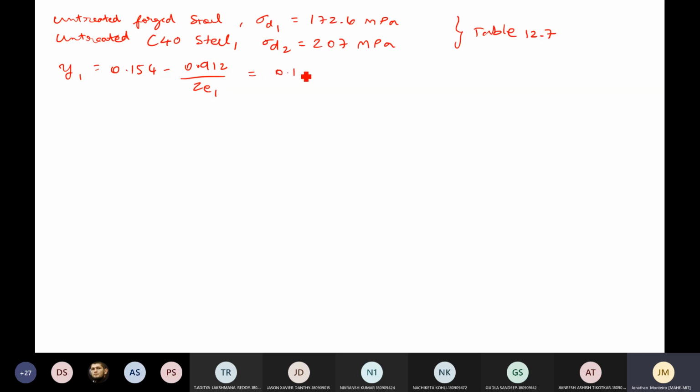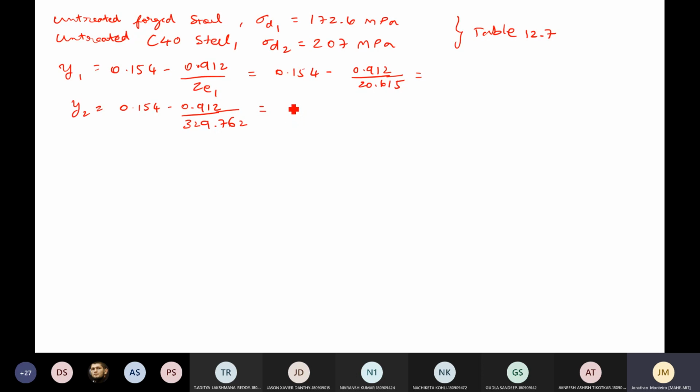That gives 20.615, find that value, and y2 similarly is 0.154 minus 0.912 by ZE2, which is 329.762.